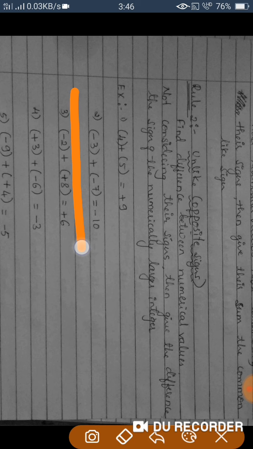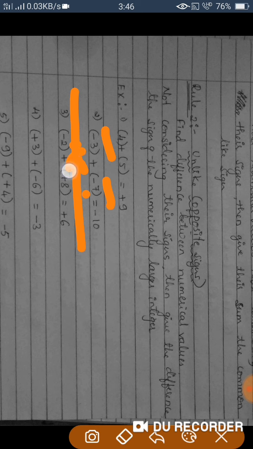So again we can go through the minus sign. Here are two integers in addition, both negative integers. Both are negative, but in between there is addition. Then how to add this kind of integers?